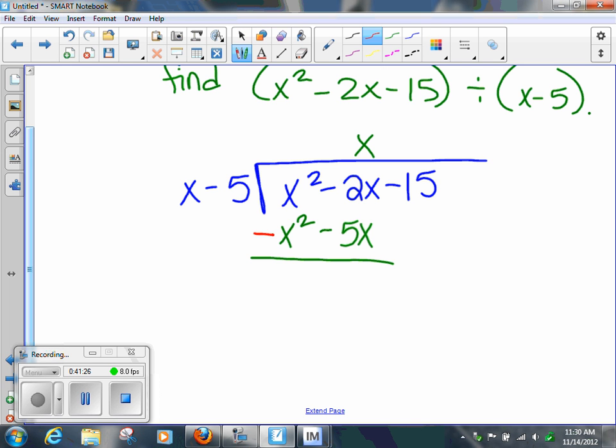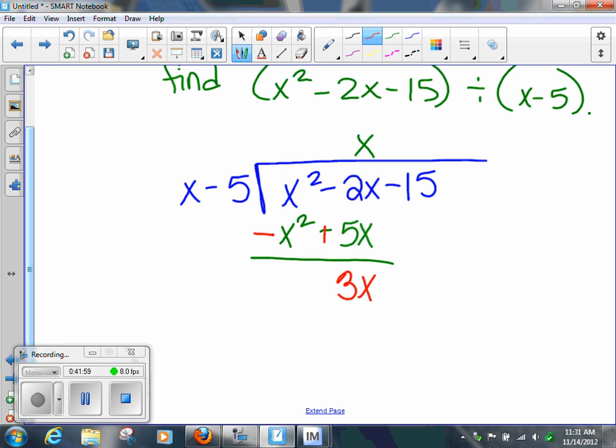We're going to subtract, and this subtraction now becomes a positive, because earlier we had to subtract that number off, so we do the opposite. X squared minus x squared is nothing. Negative 2x plus 5x is what? 3x.